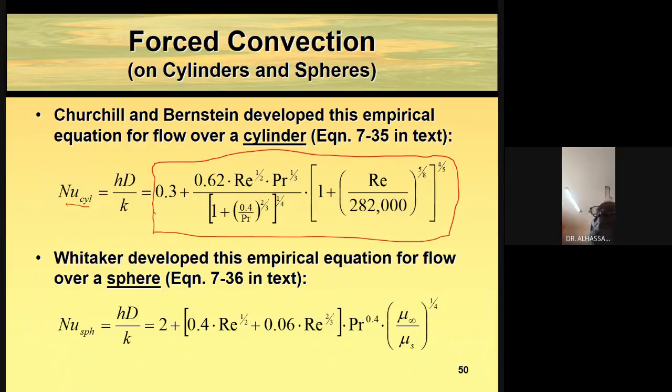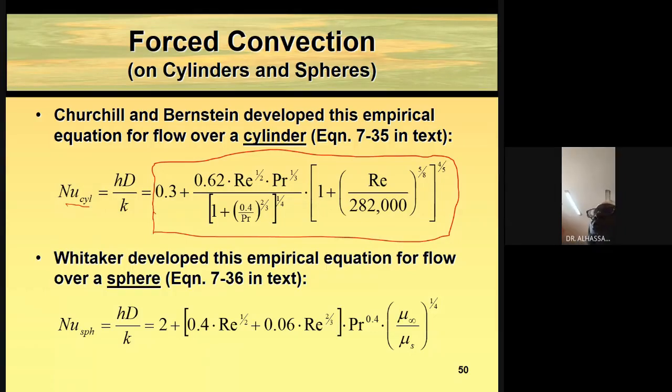It is an empirical equation. Empirical means that somebody conducted an experiment and observed that the Nusselt number across a cylinder is a function of both Prandtl number and Reynolds number, and it is governed by this equation.